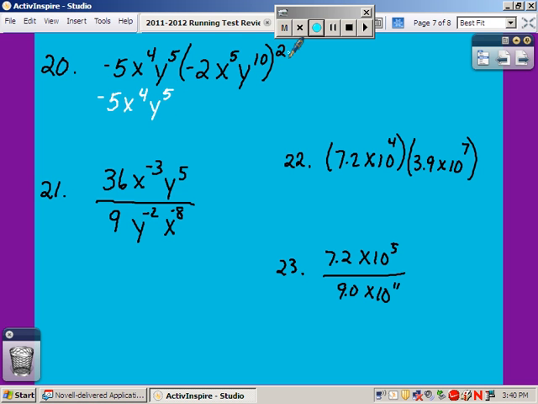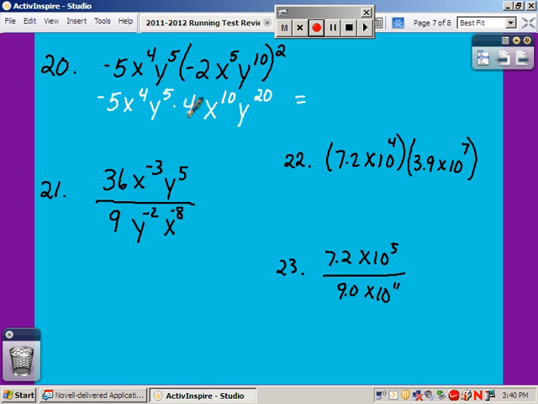Negative 2 squared, that's negative 2 times negative 2, that's positive 4. Now we got an exponent to an exponent, that's when we multiply. We get to this step. From here, it's only one step to the answer. Basically, I've got a real simple multiplication problem now.